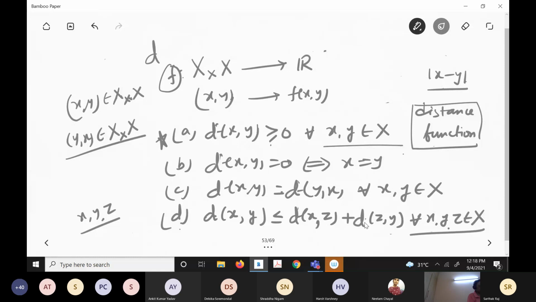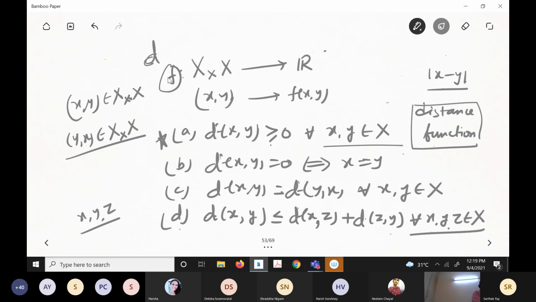Sir, what is capital X here? Capital X is the set, an arbitrary set. Is it a subset of real numbers or anything else? No, any arbitrary set. And that d function, I am saying it may not exist. If it exists, I am putting the conditions.